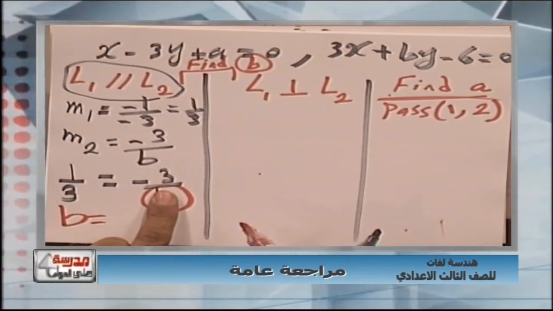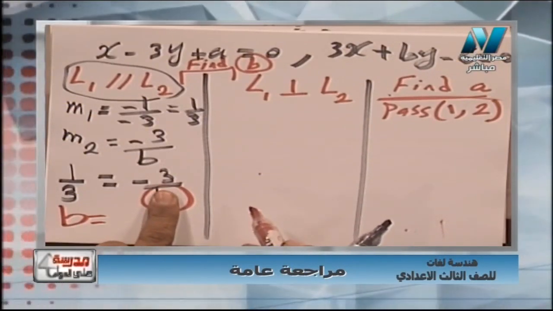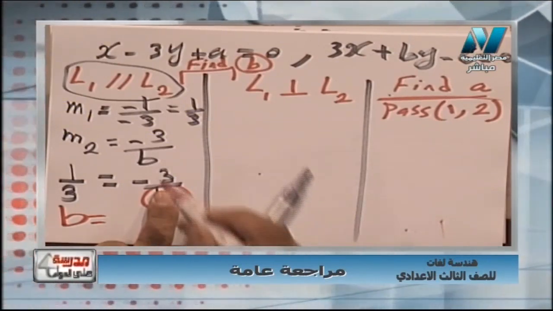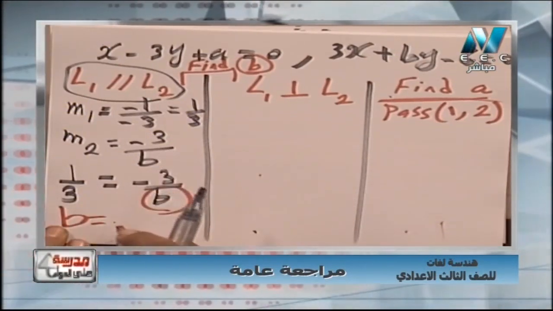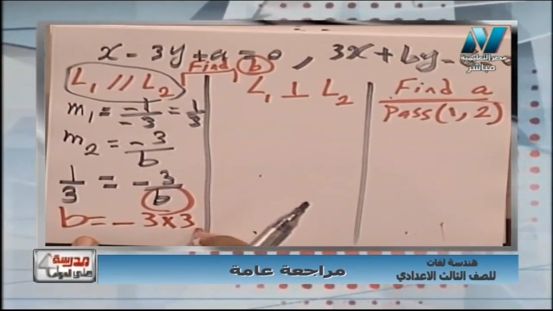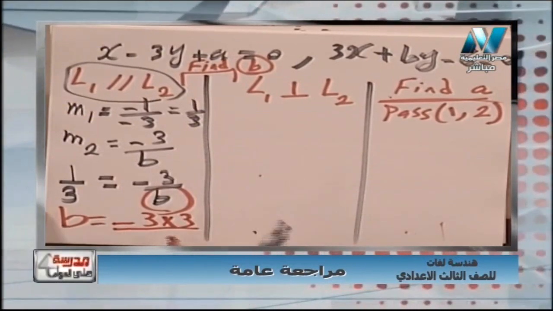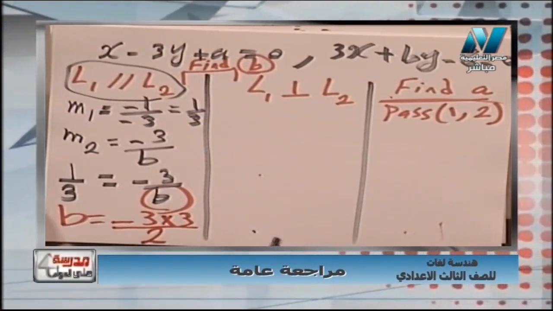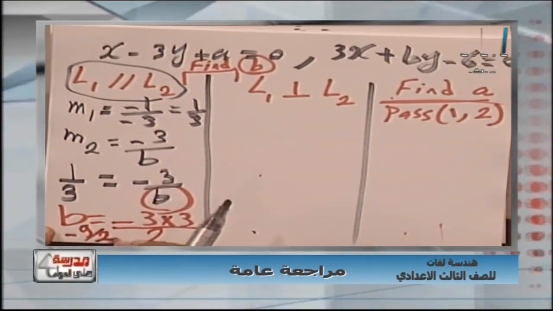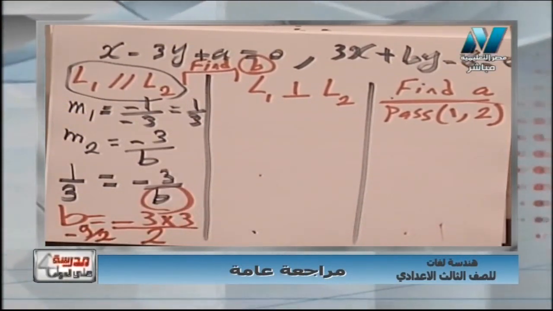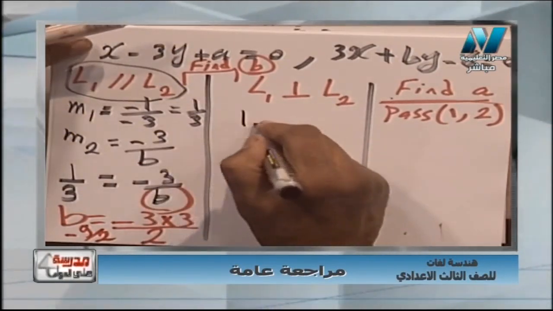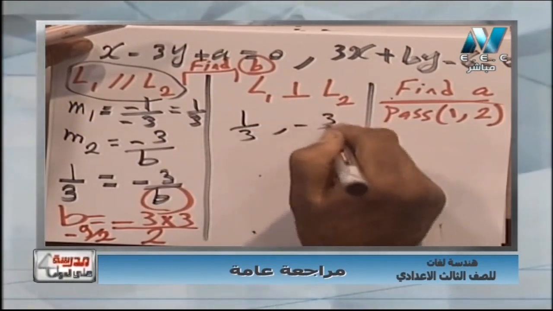We want to find b, so hide your missing value, b, then do your cross multiplication. -3 times 3 by cross multiplication, divided by 1, and we get -9. Very good. The two slopes, 1/3 and -3 over b.